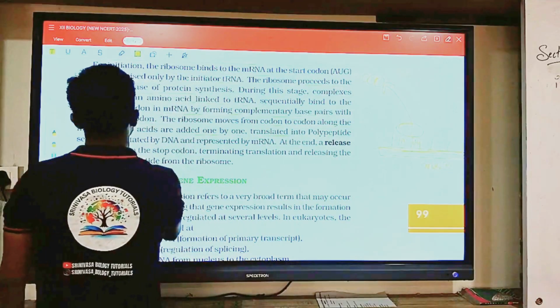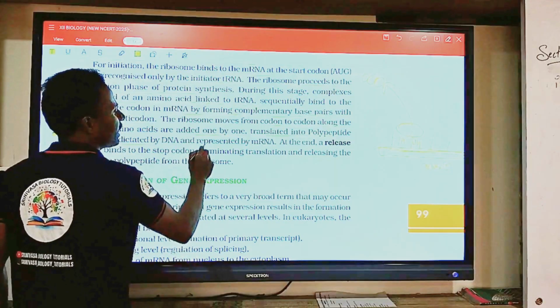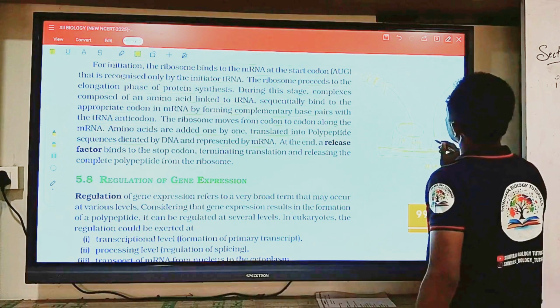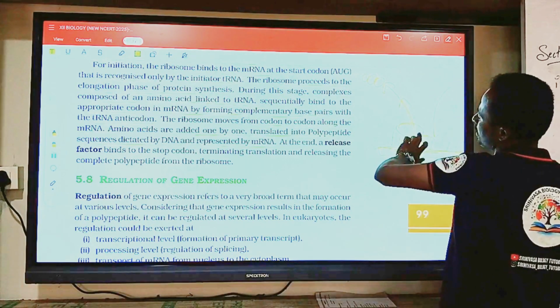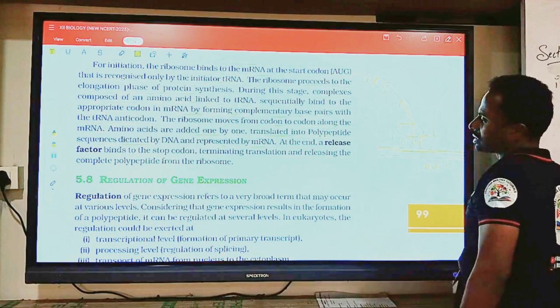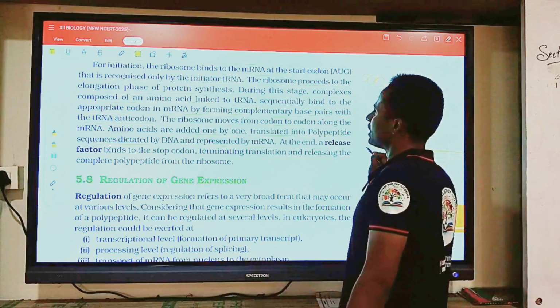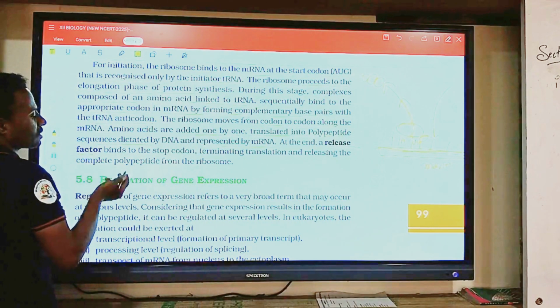The translated polypeptide sequence is determined by the DNA information present in the mRNA. There is an initiator factor, and the next one is the release factor.